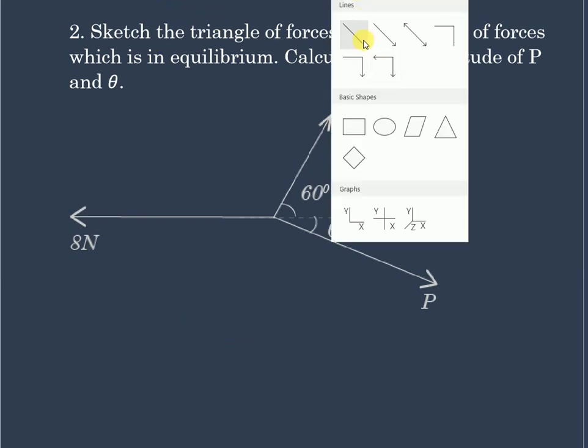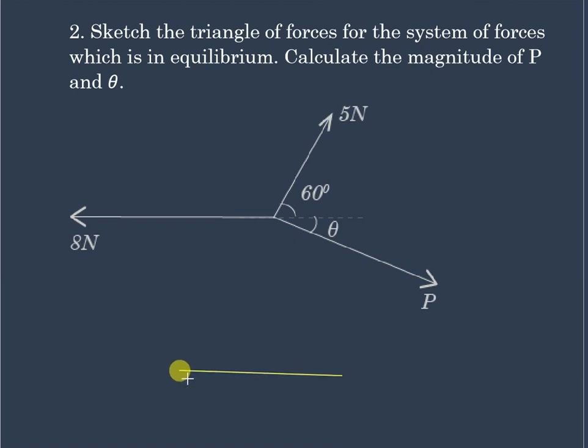We have the horizontal force, which is 8 newtons, and where that one ends, we put the 5 Newton force, and then where that one ends again, we put P. Ensure that they are in the same sense.